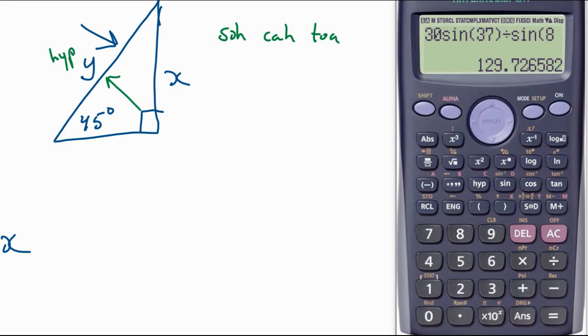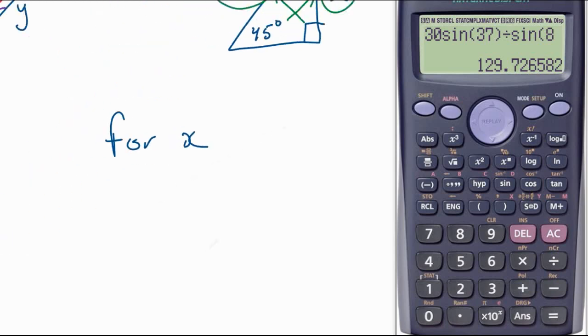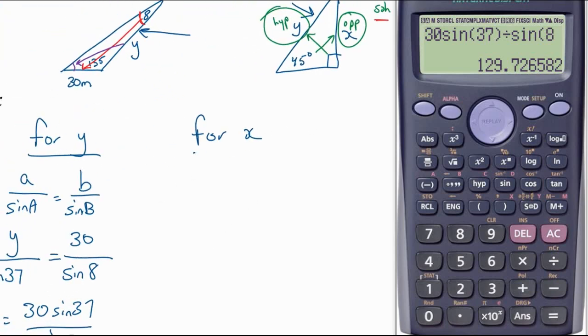And so the side length we're looking for is opposite. So I'm looking for opposite, and I have the hypotenuse. It looks like it's unknown, but we figured out what y is, don't forget. So which one is opposite and hypotenuse? Sine. Okay, so for x, I'm using sine, but not sine law. I'm using sine theta is opposite over hypotenuse.